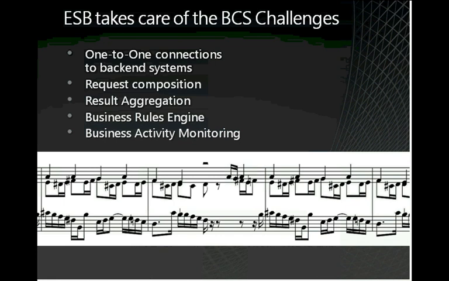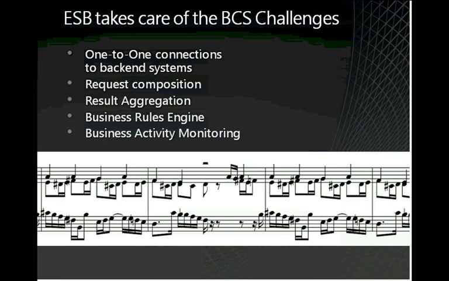Result aggregation: as soon as it comes back, the ESB will aggregate the results. You have a business rules engine, which Tommaso already showed us. You have business activity monitoring. So the ESB actually solves all these challenges for the Business Connectivity Services, which is a great orchestration.